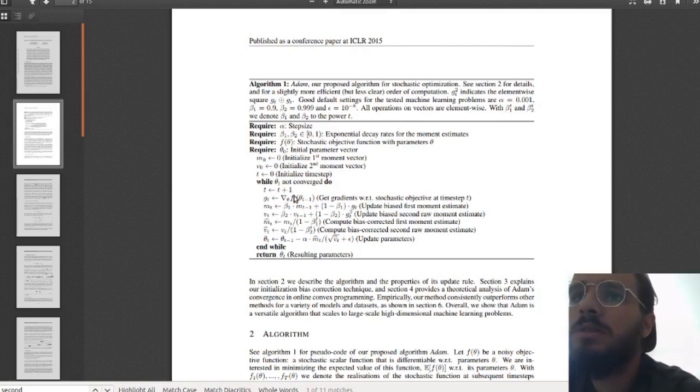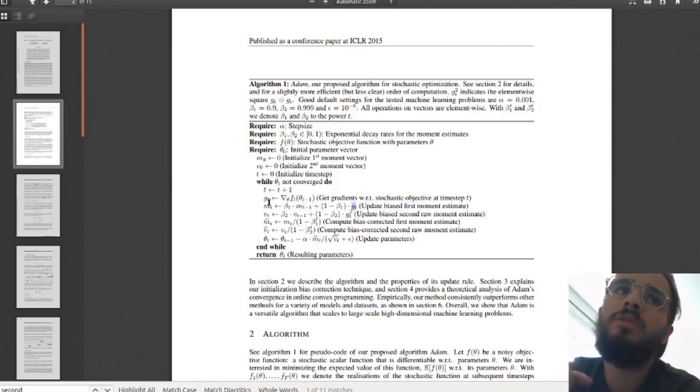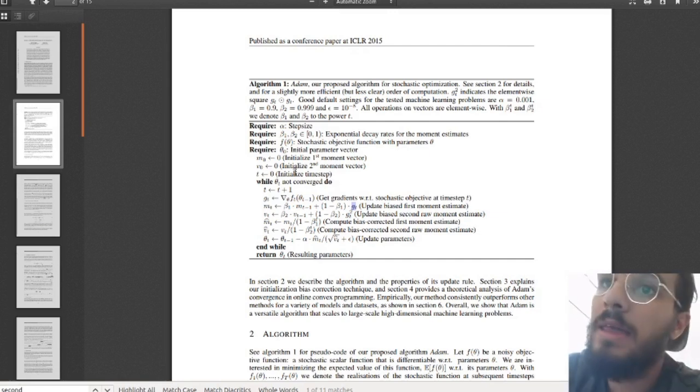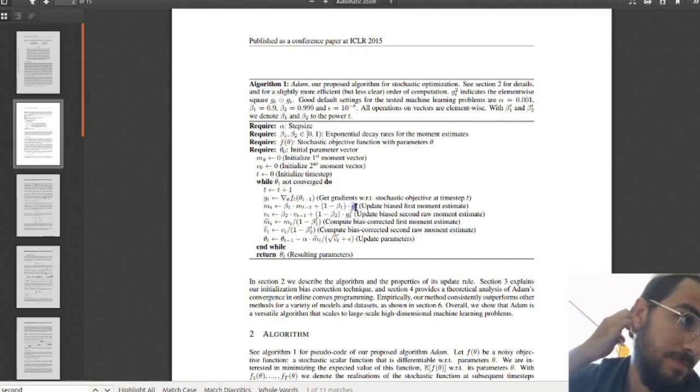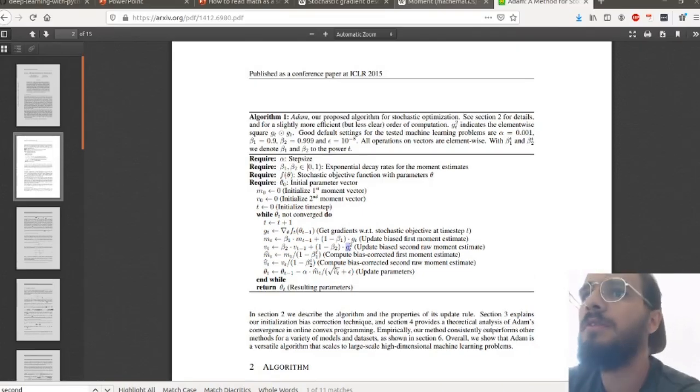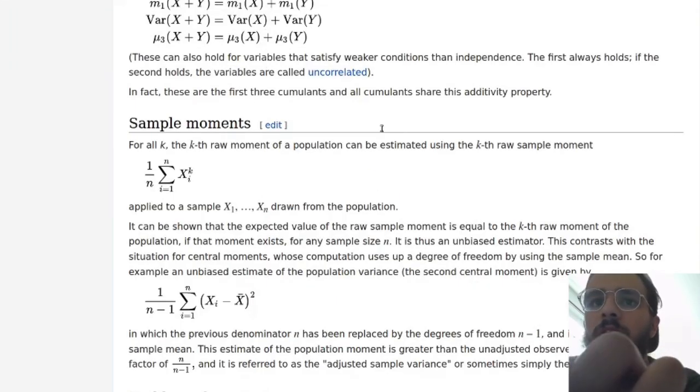Okay, right. So here they get the gradient with the stochastic time step. And then over here, it's the same formula as before, just written a bit differently. Here you get that, right? But because it's stochastic gradient descent, you only take one sample. If you were to do gradient descent, you would take the whole thing and take the average. So that will give you this. And I think this is what they mean by the second moment being the variance.